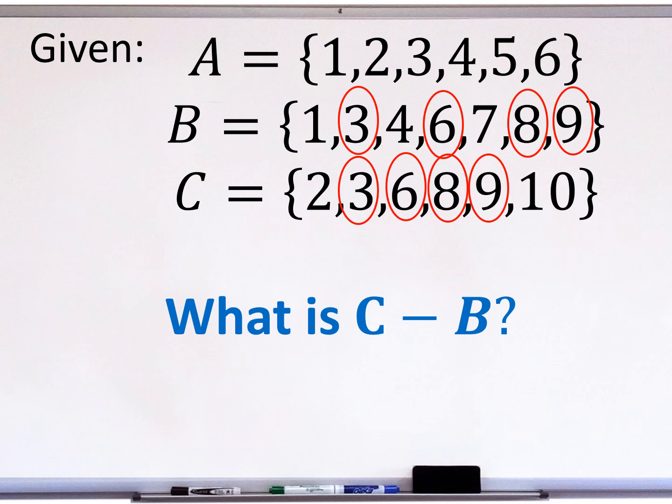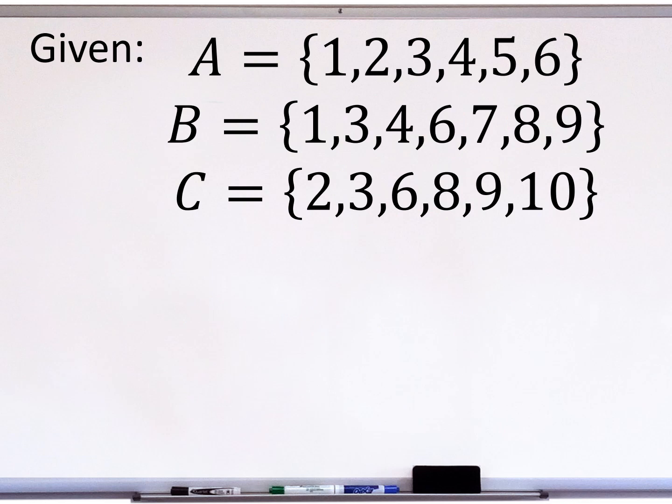They are the numbers 2 and 10. So, therefore, the answer is 2 and 10. Pabayaan nyo na po yung natira kay set B. Ignore the elements in set B. We are just going to get the numbers or elements in the first set, which is set C po.